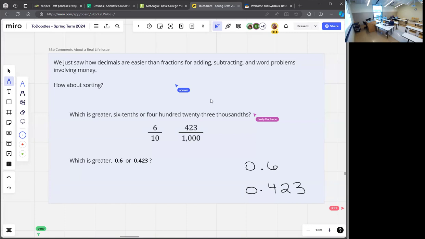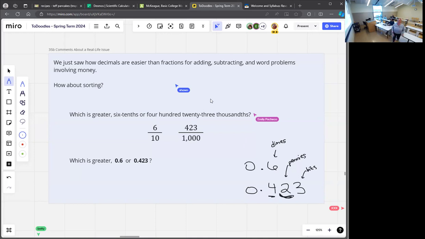I would say it this way, remember that this is dimes and this is pennies. This is like bits of pennies, so small they're barely worth thinking about. So I'm not allowed to have more than 9 pennies. If I did, that would be another dime.